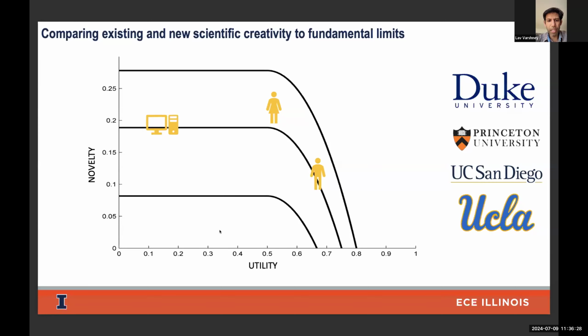We can see how machine creativity stacks up against the fundamental limits and see how close we are to those fundamental limits. Right, so this is a core aspect of what we're working on, is computing these kinds of fundamental limits and then comparing from data how existing methods of creativity actually play out. Okay? And then it'll encourage people to work closer to those limits. Okay, next.